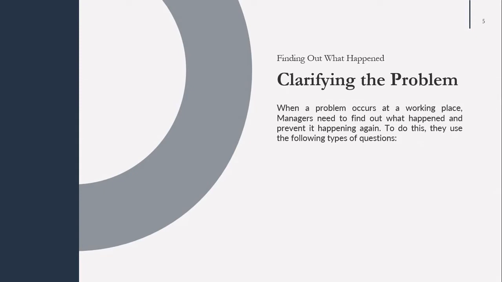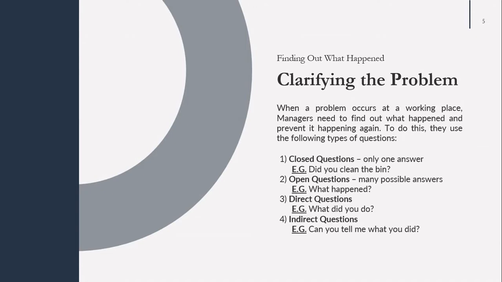When a problem occurs at a working place, managers need to find out what happened and prevent it from happening again. To do this, they use the following 4 types of questions. First, closed questions. These are types of questions which get only one answer. For example, did you clean the bin?